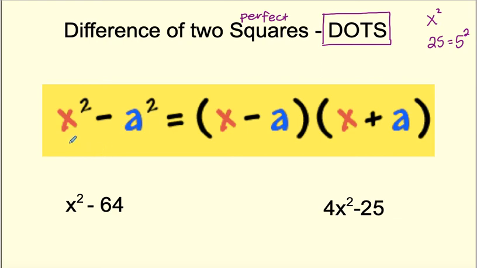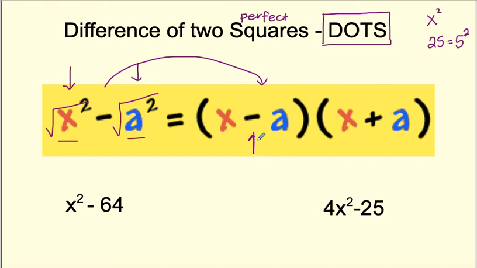So when we have 2 terms, both of which are perfect squares, there's a factor pattern that develops, okay? And that factor pattern is you have 2 binomials. The first term is always the square root of the first term. The last term is always the square root of the last term. And we have 1 negative sign and 1 positive sign.